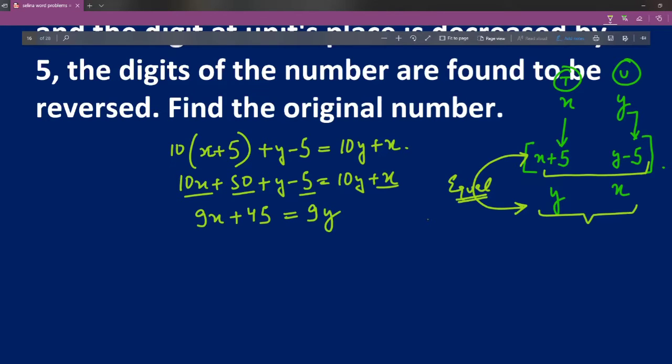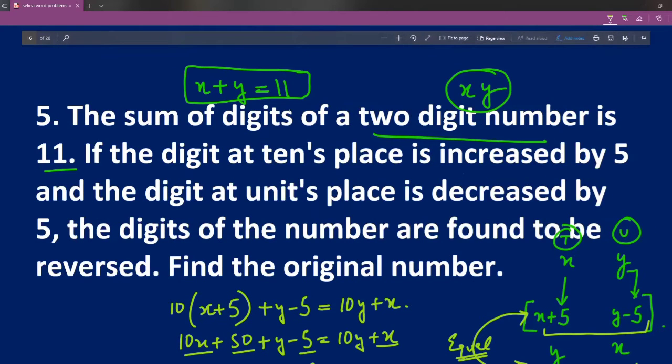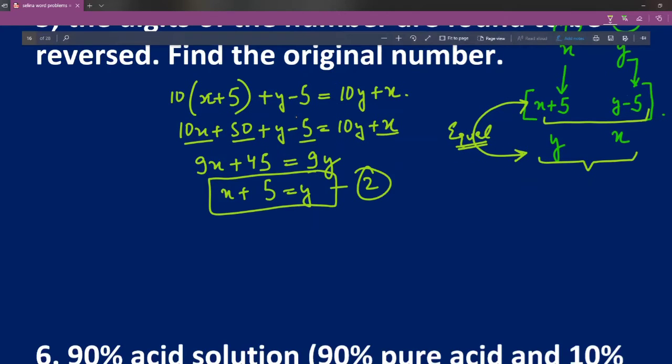I can take 9 as common, so this will be equal to, now this is my second equation. My first equation was x plus y is equal to 11. This is my first equation. I can subtract these two equations.